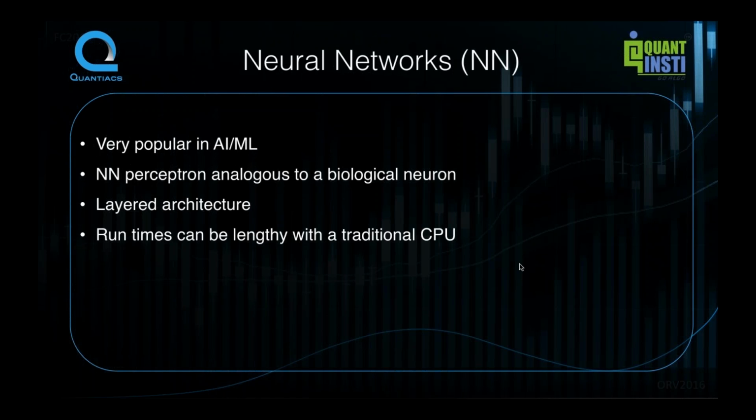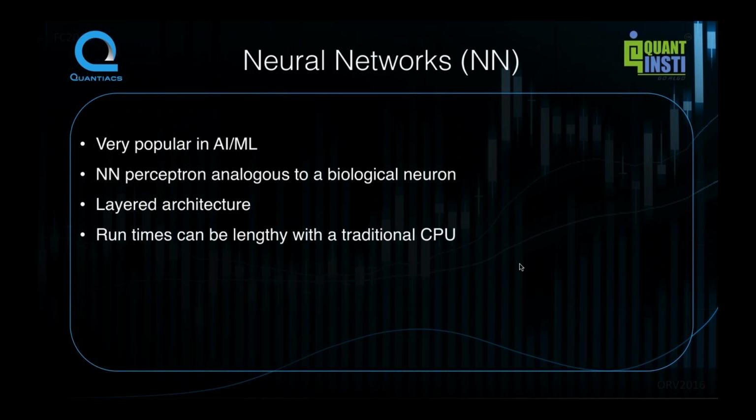Another big one in machine learning is the notion of neural networks. This is quickly becoming extremely popular in artificial intelligence. The neat part of a neural network is that the fundamental unit of the neural network is a perceptron, and this is analogous to a biological neuron in that both of them accept inputs and both of them fire off some kind of signal to the next layer.